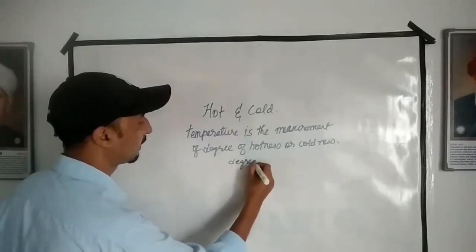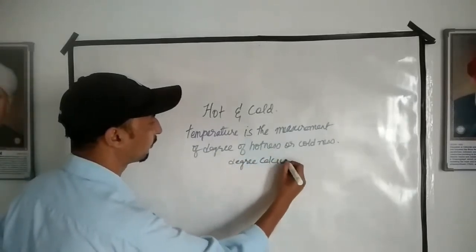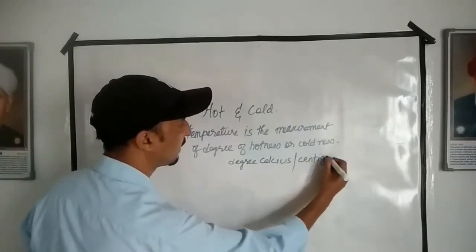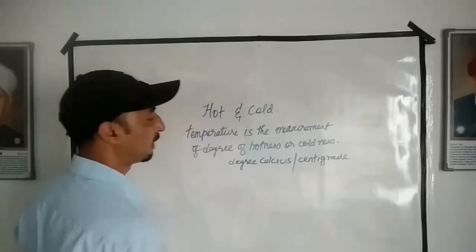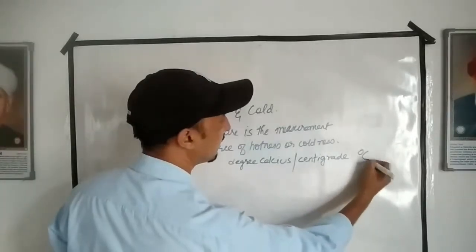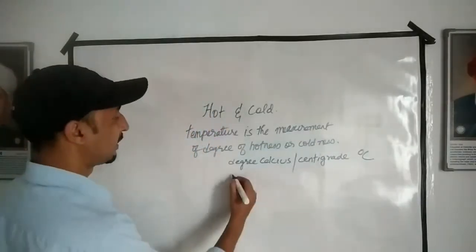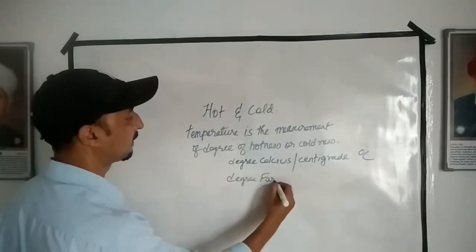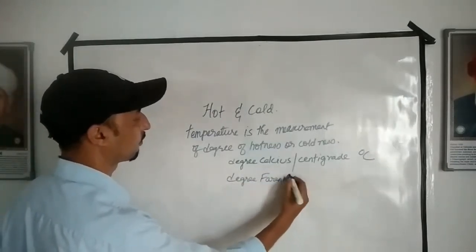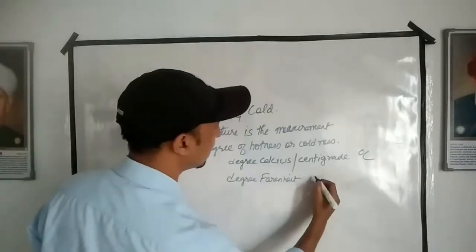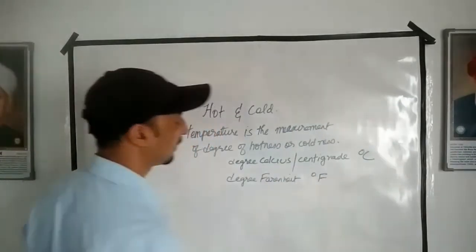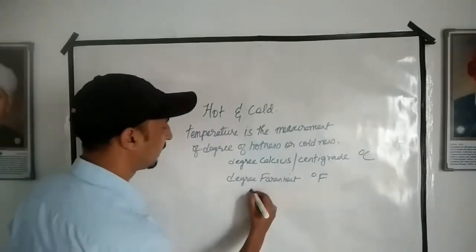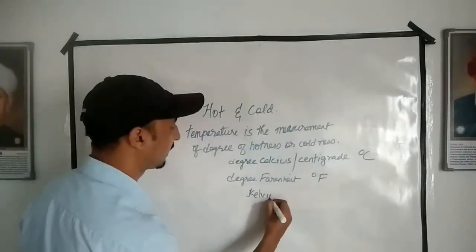Degree Celsius or centigrade. It is written as degree C. Degree Fahrenheit. It is written as degree F. And the last one is Kelvin.